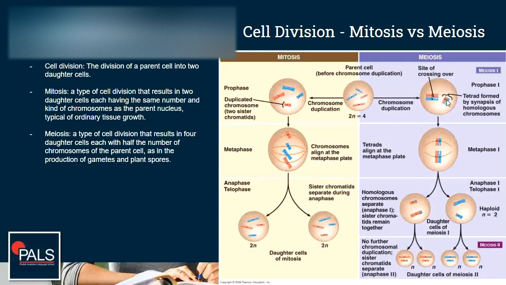During this formation of the tetrad, the homologous chromosomes may exchange genetic material, which is a process called crossing over. The tetrads then line up on the equator, similar to mitosis, only that we can see now the homologous chromosomes are still sticking together. We can see some of them are overlapped here, so this is the crossing over process where pieces of them are exchanged.